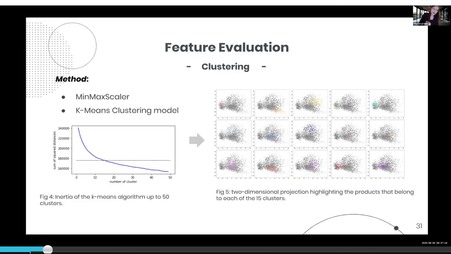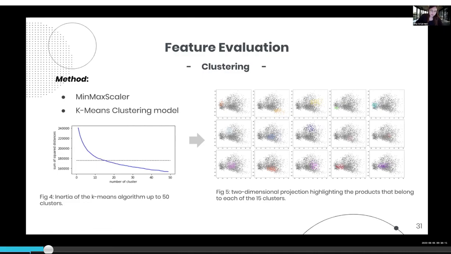We also used the k-means algorithm to explore the number of possible clusters in this image data set, using the sum of the distances of the model up to 50 clusters. The result is shown in the left picture.